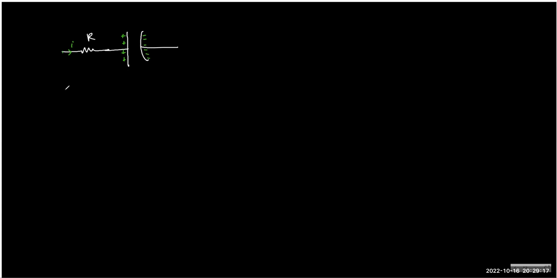So at any random instant t, at t equals t, what will happen? Sir, the capacitor will be fully charged. No, no. At t equals t, it will not be fully charged. It will have some charge. Now, a capacitor with charge will oppose the incoming current or support the incoming current? Tell me.